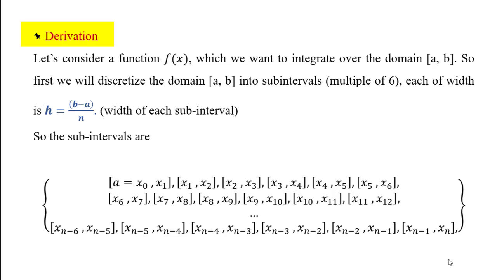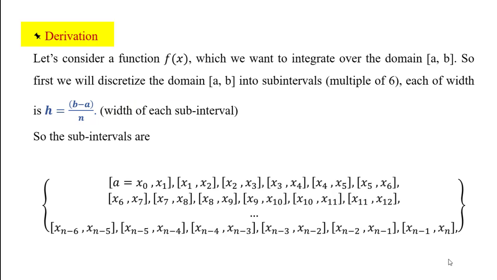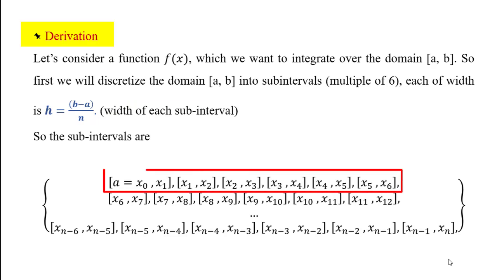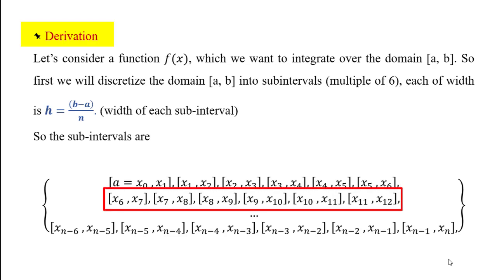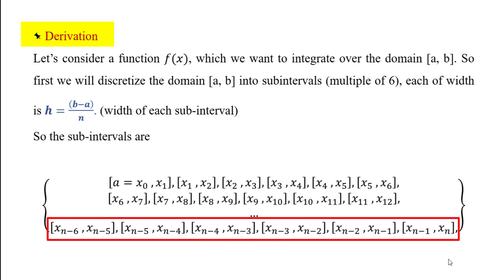Each subinterval's width is h equal to (b minus a) over n, where b is the final point and a is the initial point. So the subintervals are, here is the first group of 6 subintervals, here the second group of 6 subintervals, and so on up to the last group of 6 subintervals.